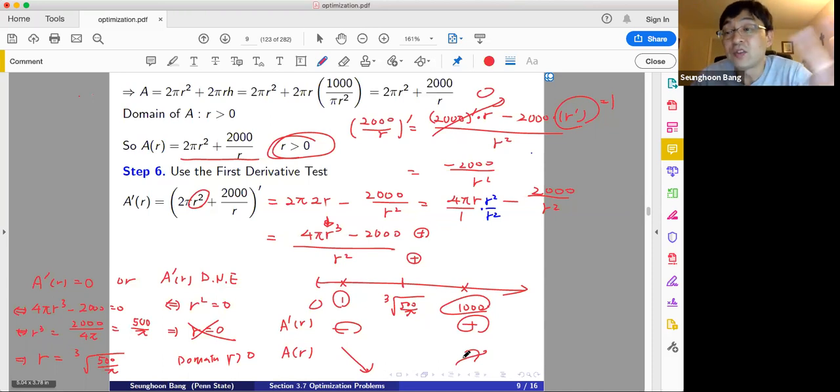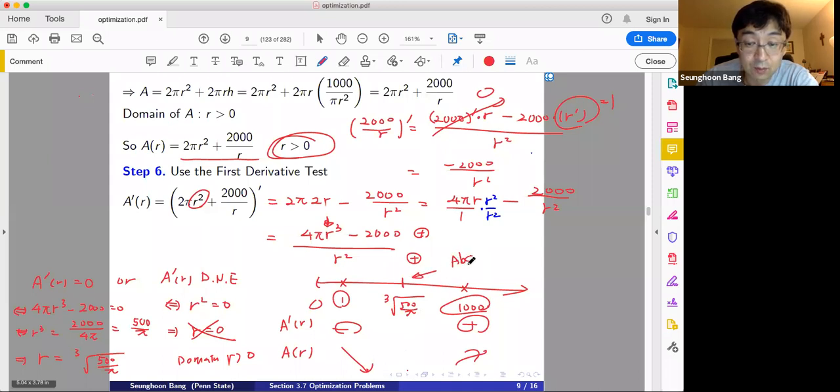We have only one critical number, so the graph is only decreasing and then increasing. So this value is a local minimum, and the local minimum is exactly the same as the absolute minimum. That's the idea. So we have the absolute minimum here.